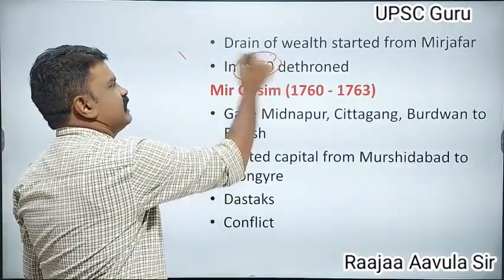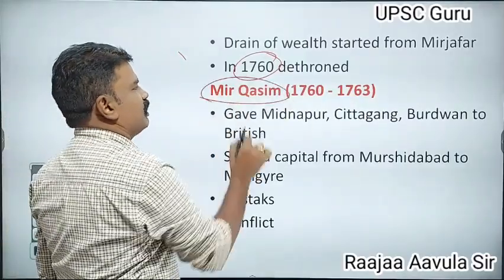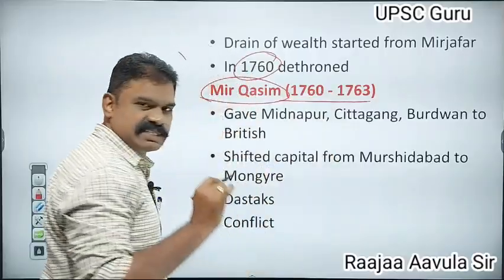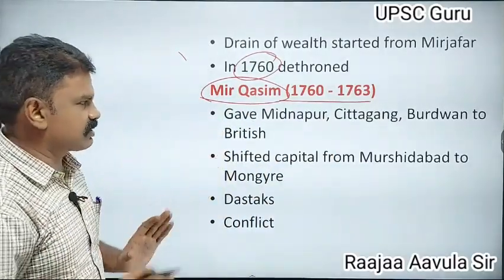In 1760, Mir Jafar was dethroned and Mir Qasim came to the throne. Mir Qasim continued from 1760 to 1763. Here also the same problem, misuse of the dastaks.